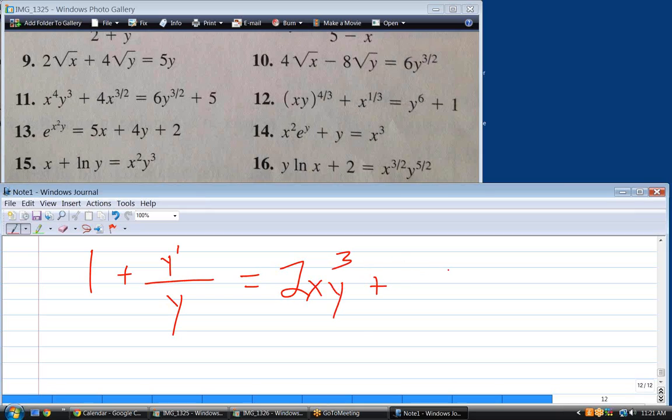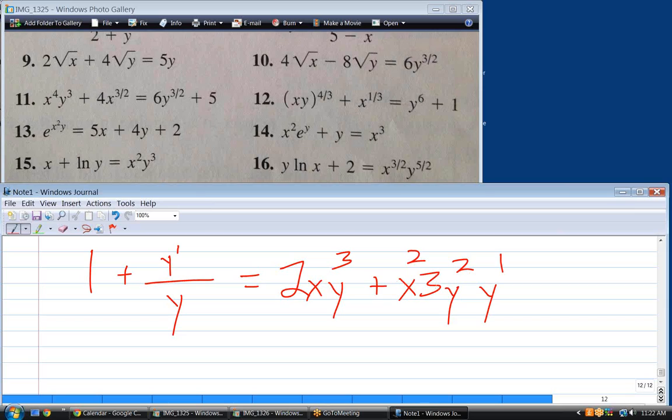Then plus x squared, 3y to the second, then y prime. Good. And that's the way I would always do it. I would never try to put that 3 in front until afterwards, just because it messes up your method. In other words, you want to do it step by step, left to right. I can always switch it once I'm simplifying.